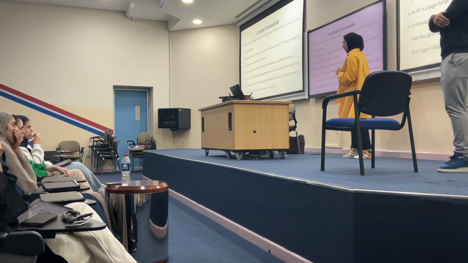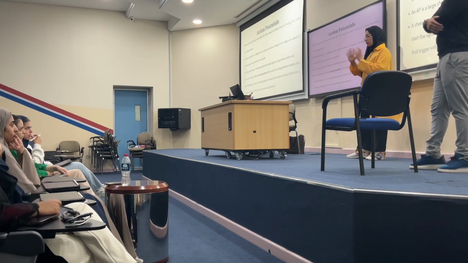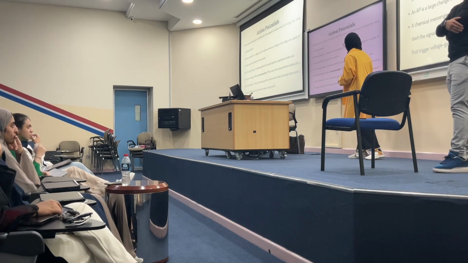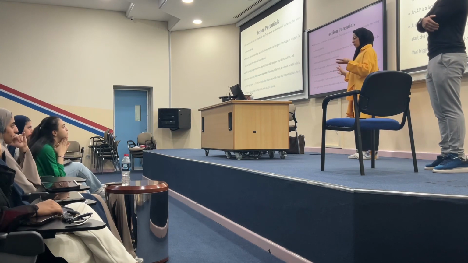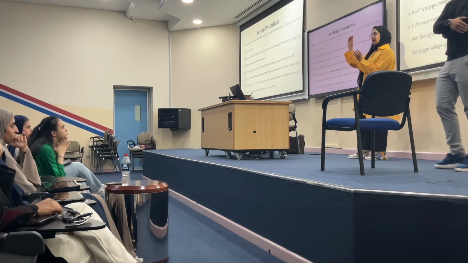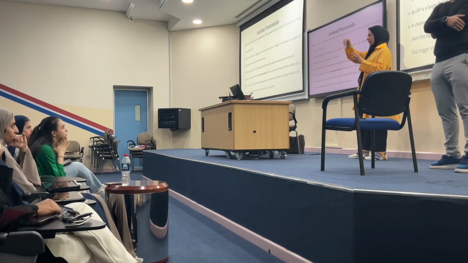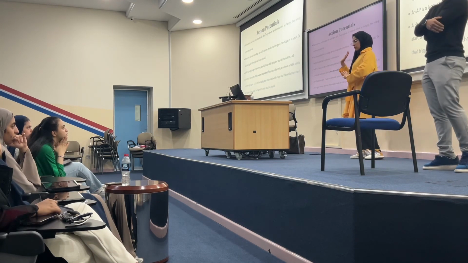A chemical messenger or a neurotransmitter is something that travels to the area where I want to perform an action, and the neurotransmitter is a chemical. So this chemical will bind to chemical-gated ion channels. Chemical-gated means once I receive a chemical, I will open up and let the ions flow in or out.